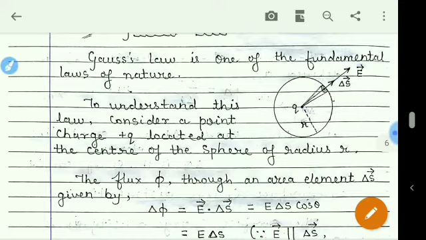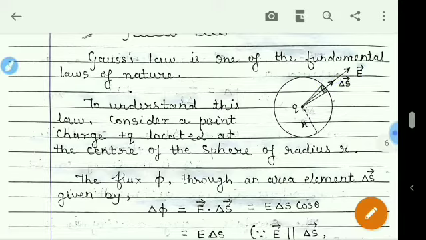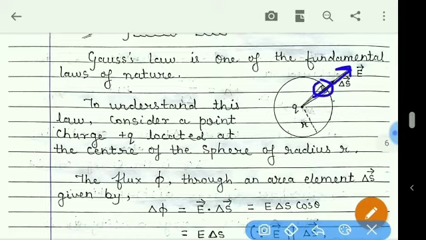Also, we know that for a curved surface, the area vector is also on the same line coming outside. So here you can see that from this surface, the electric field and the area are both in the same direction.